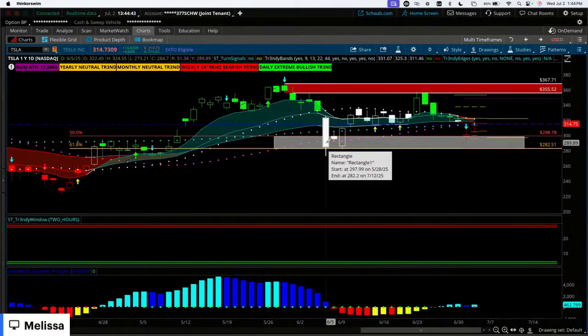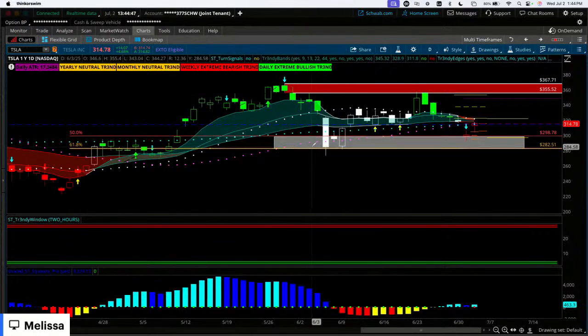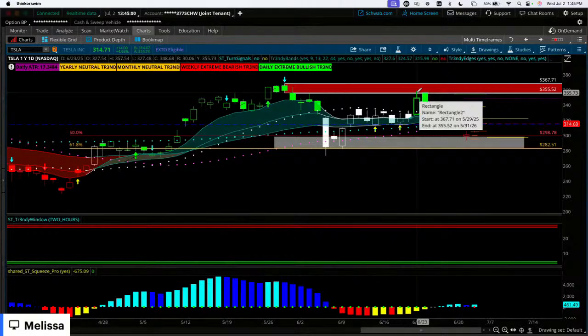The tweet war brought price right into this golden pocket as well as a demand zone. And I bought the dip here and got my risk down to just one contract on this move up to supply.